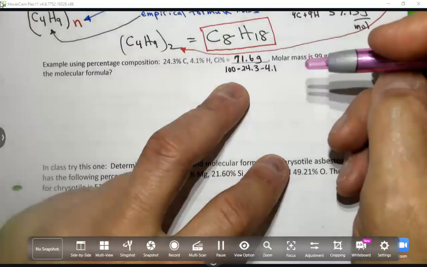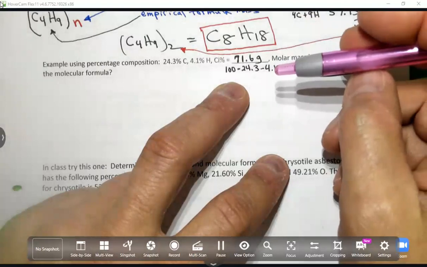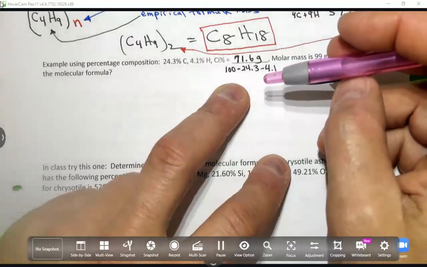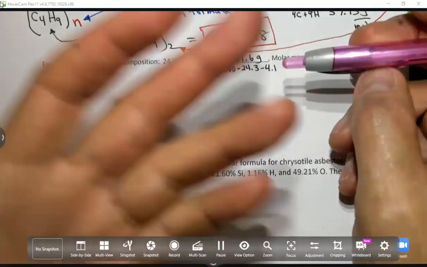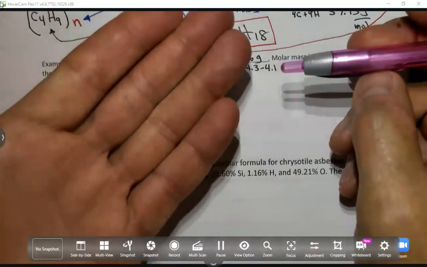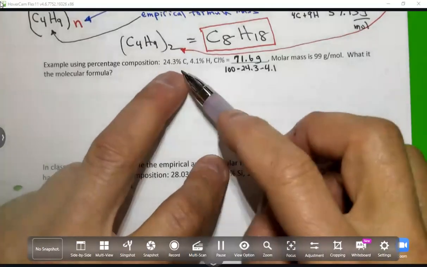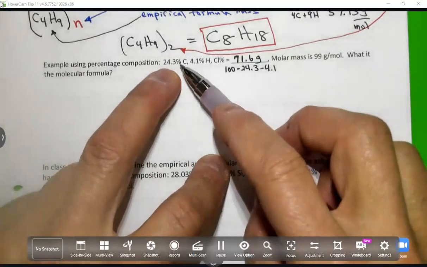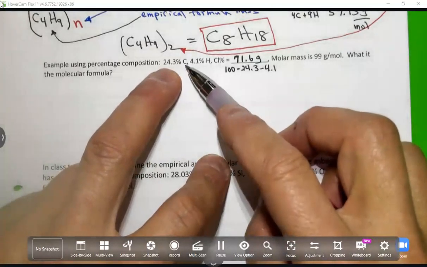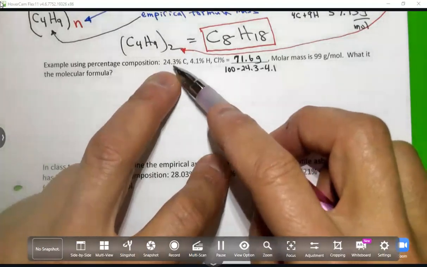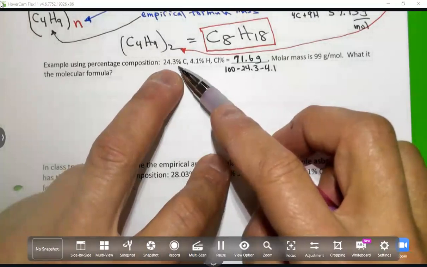Now, step 1 is to get grams. Percent means per 100, so we're just going to assume we have 100 grams. If we have 100 grams of this compound and 24.3% of it is carbon, how many grams of carbon do you have in that 100 grams? 24.3 grams, correct?